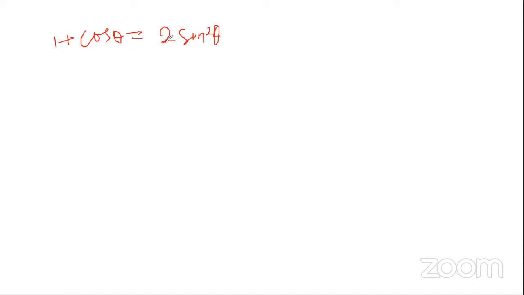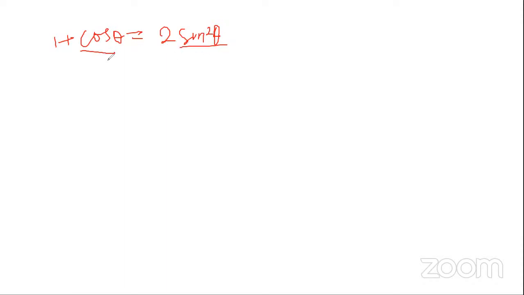Here the terms are in 2 variables, cos and sine. But the most appropriate way is to have the quadratic equation in 1 variable. So we can't have it in cos and as well in sine.